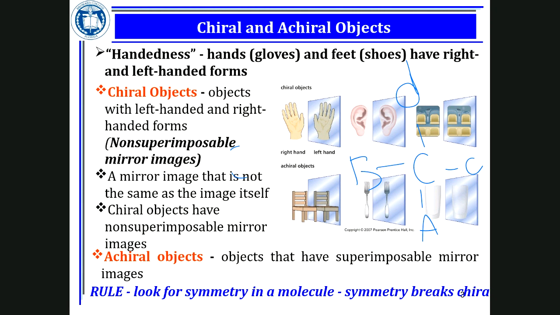If you take your 2 hands and slide one over the other, they are not going to 100% cover each other, even though they look the same. They are mirror images of each other, and chirality comes from this name of handedness.